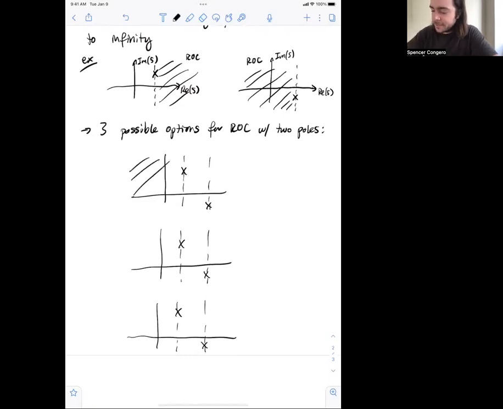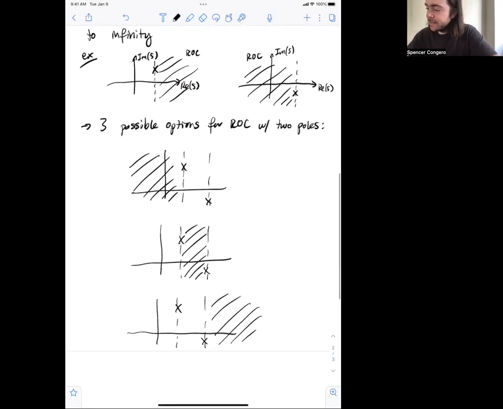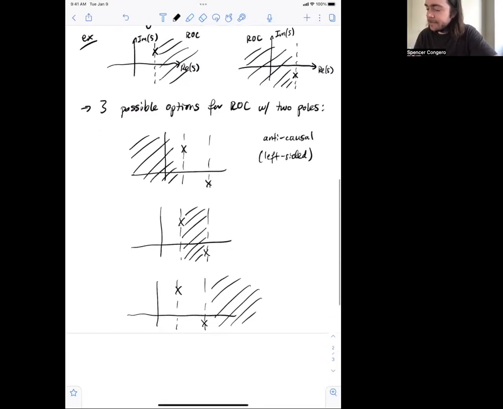And by these properties that we've listed, those are the only possible situations for our ROC. Okay, so option one is the ROC is to the left. Option two is the ROC is bounded by these poles in the middle. And option three is the ROC is to the right. Okay, and in this case, it's the left-sided situation, so this would be the anti-causal. Inverse Laplace transform we could take there.